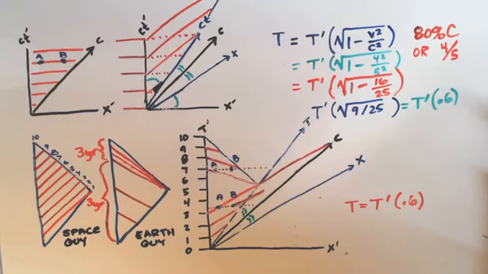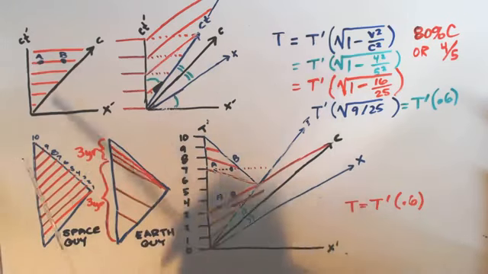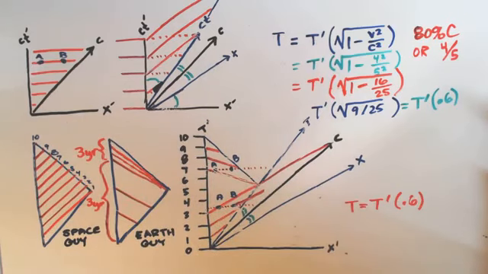And when he gets to Earth, those pictures are going to basically come second by second. They're going to be cluttered up on top of each other, because he's moving along with the pictures that he sent, along with the light. So in the last year for the Earth guy, he sees him age 3 years.